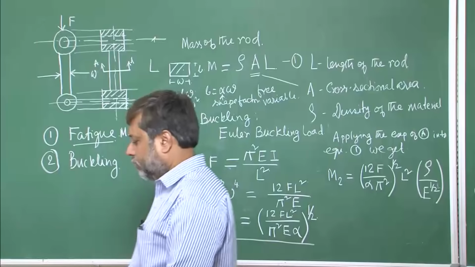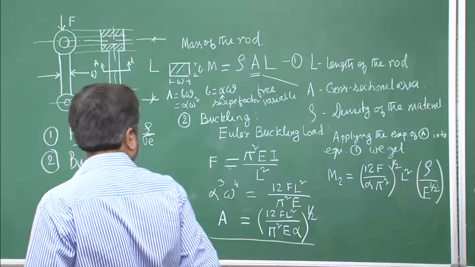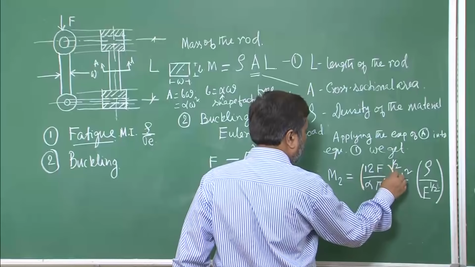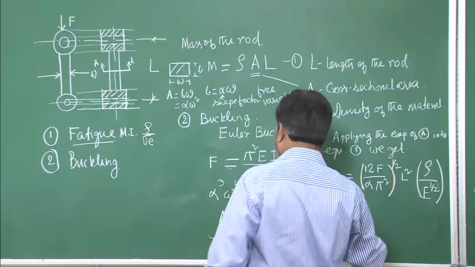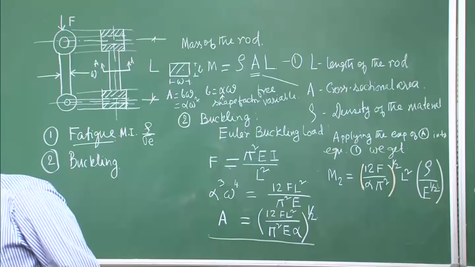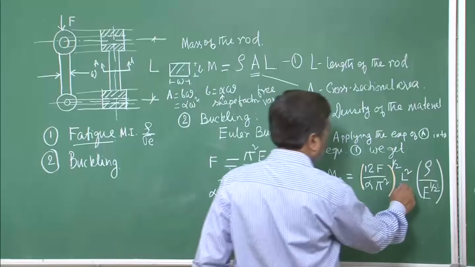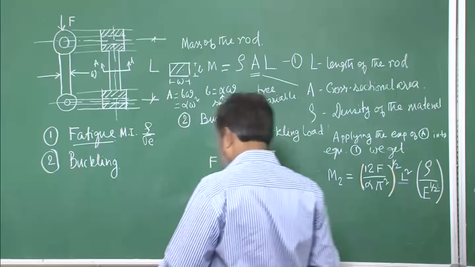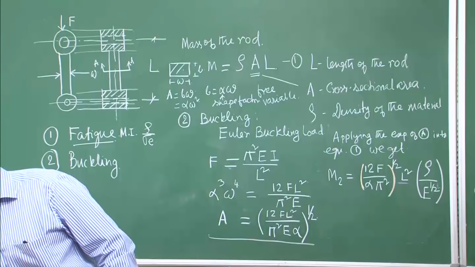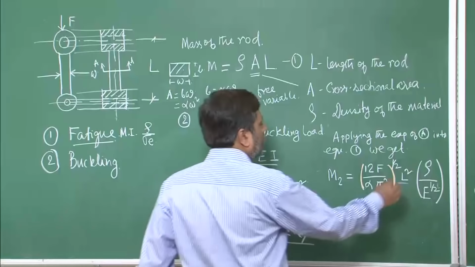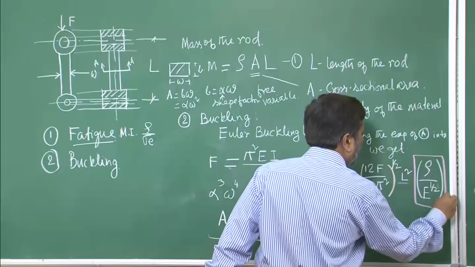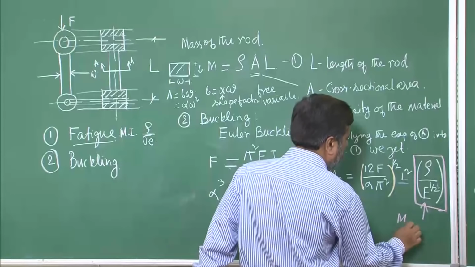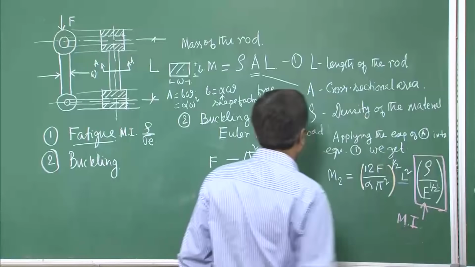So we have divided our system into 3 different parts. In this case, this is the functional part, and then of course the constants are also here, and then we have what you call the geometry part, and the last part is the material property index, that is rho over square root of E. That is what is our material property index, Mi.